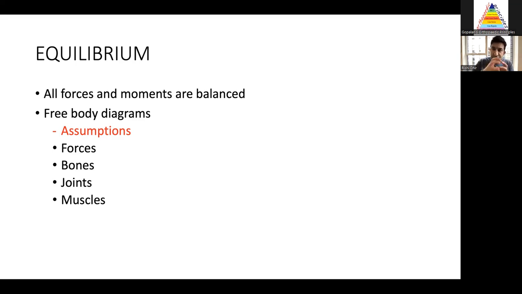Joints, we assume, are frictionless hinges, so we don't even think about friction. And muscles, we assume that they're acting only in tension, not compression. And the line of action of the muscle is through the center of the muscle mass, and there's no antagonistic muscle actions. Those are the basic assumptions that you need before you draw a free body diagram.